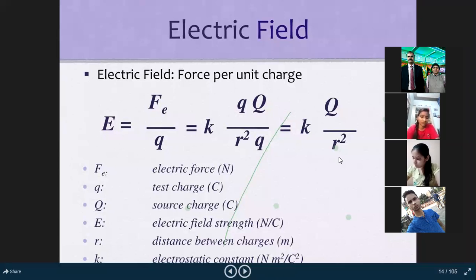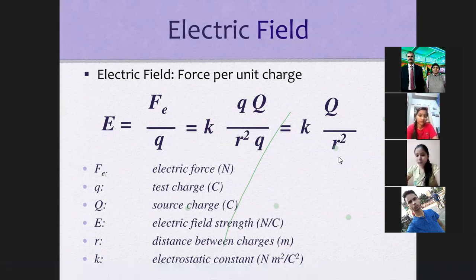What's the difference between the electrical force and electric field? Electric field is independent of the presence of other charge. It only depends on the source charge that is associated with the field. It does not depend on the charge of the other. On the other hand, Coulomb force or electrical force depends on two charges, Q1 and Q2.